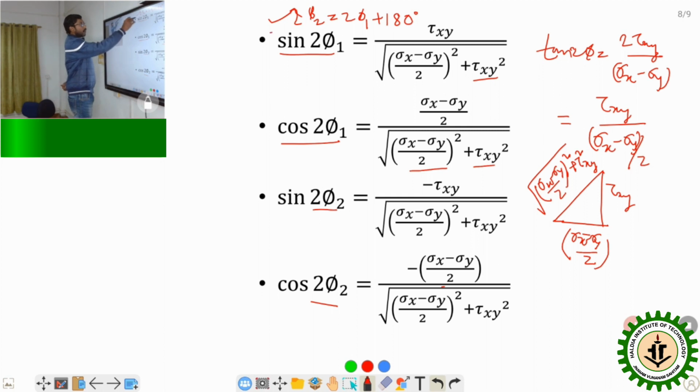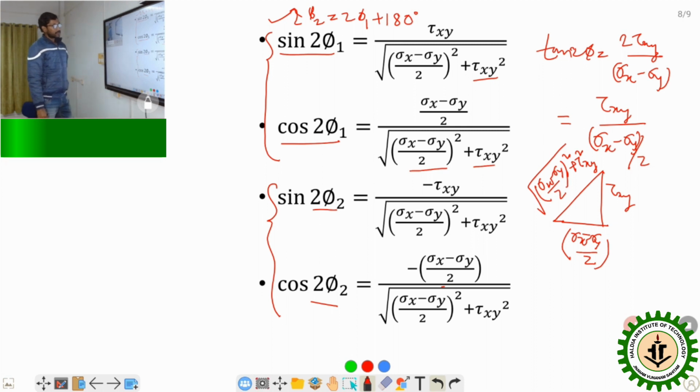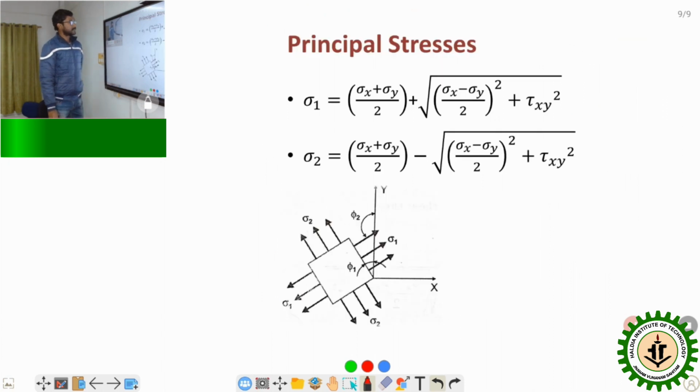So if we put all the values for major principal stress or maximum normal stress, sine 2 phi 1 and cos 2 phi 1, in the expression of sigma n, we will get the maximum principal stress, and if we put these values sine 2 phi 2 and cos 2 phi 2 in the expression of normal stress on any inclined plane, then we will get the minimum principal stress, which is minor principal stress.